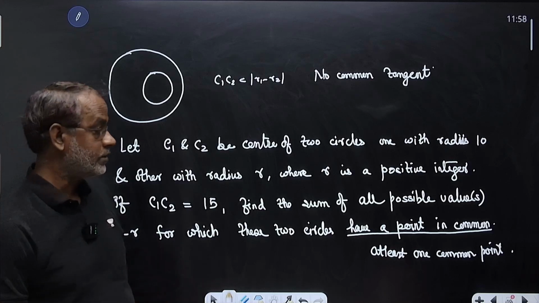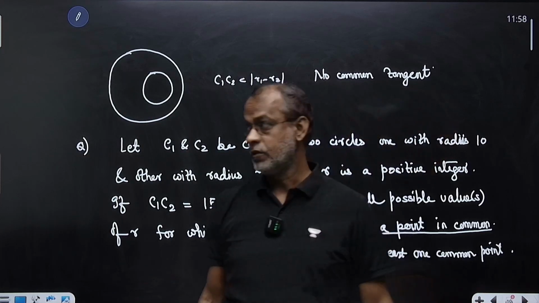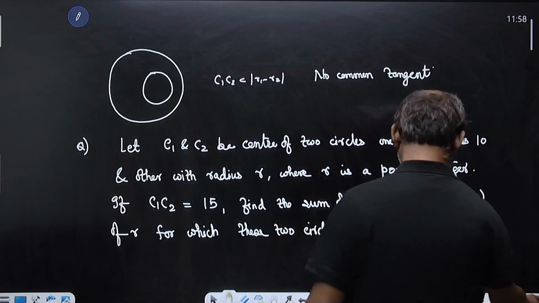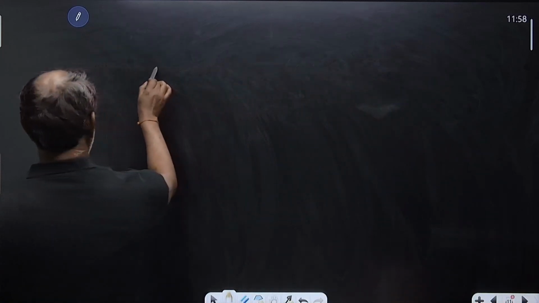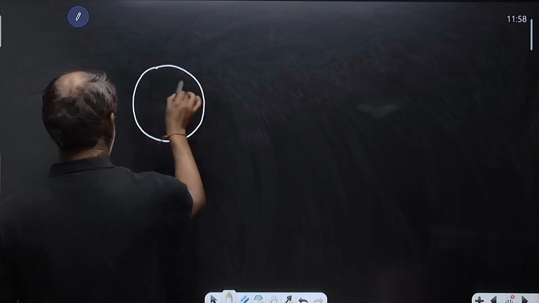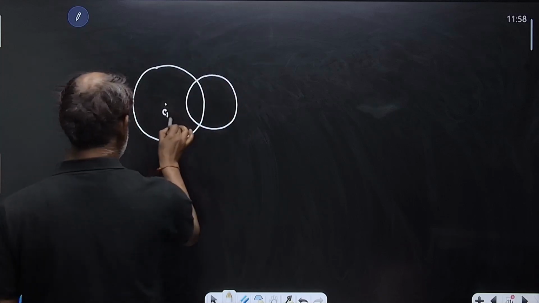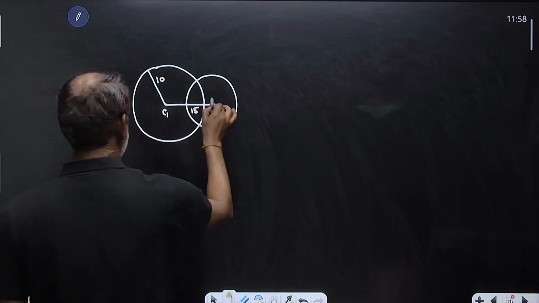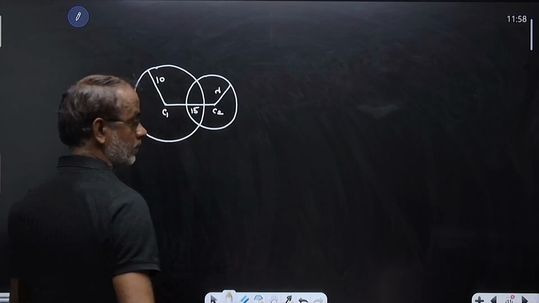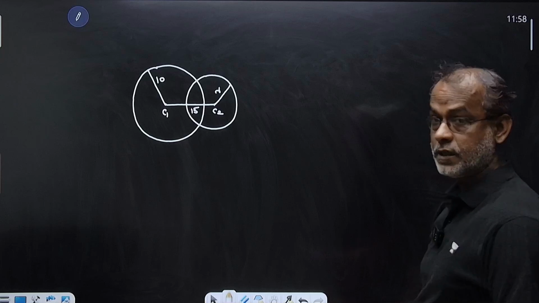So, what are the possible situations that we are looking for? Primarily, we want circles to be like this. This is C1, this is C2, this is given to you as 15, this is 10, this is R. They could also be touching each other externally or internally.